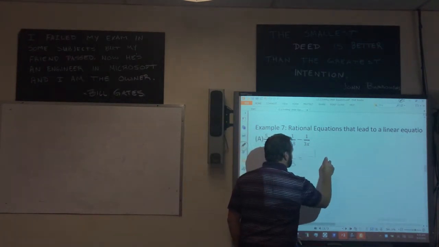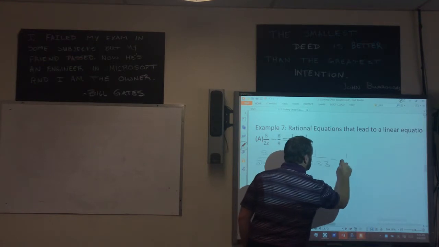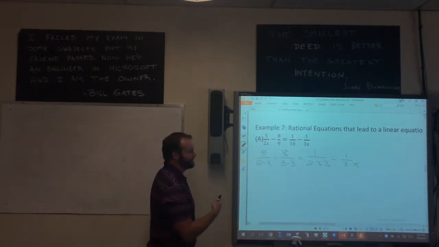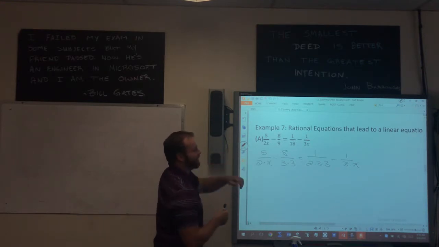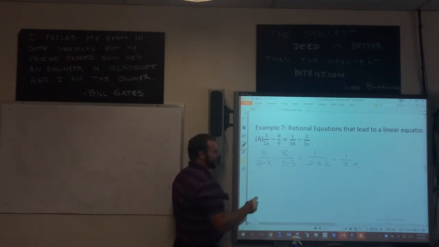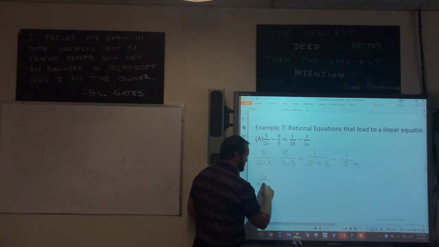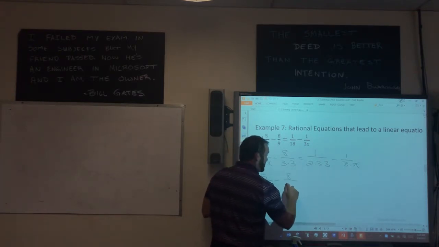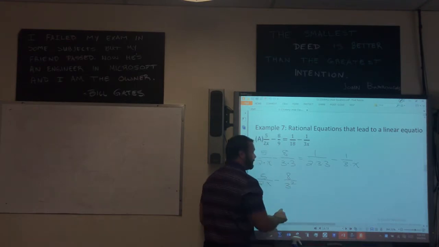So the 18 is 2 times 3 times 3. And it's going to be very important when we get to even more complicated, complex-looking denominators. I'm going to rewrite this as obviously 5 divided by 2 times x. This I'm going to rewrite as 8 divided by 3 squared.